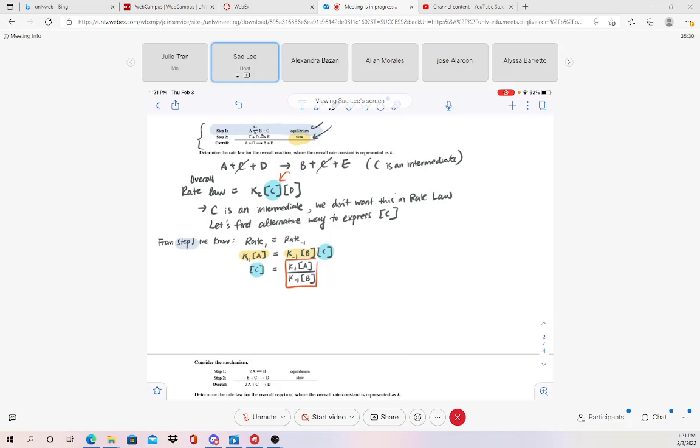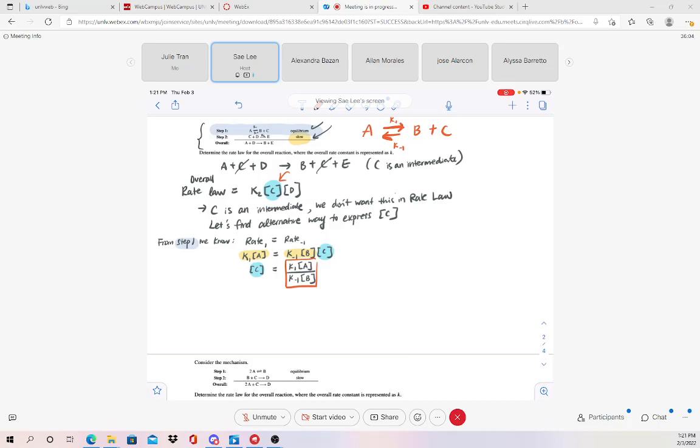That means the rate of the forward reaction equals the rate of the reverse reaction. The forward reaction has a rate constant of K1. The reverse reaction has a rate constant of K negative 1. The rates are equal because they are in equilibrium.